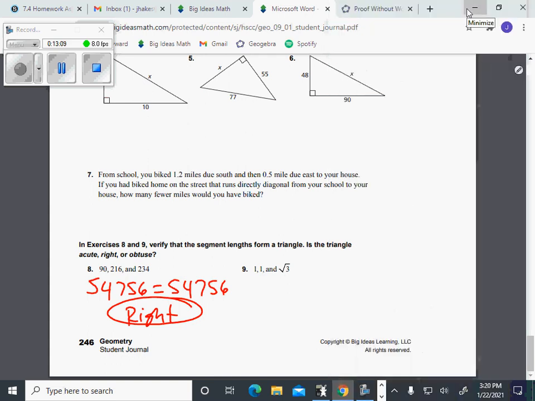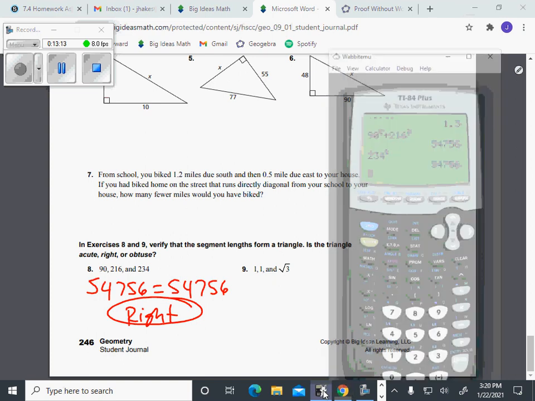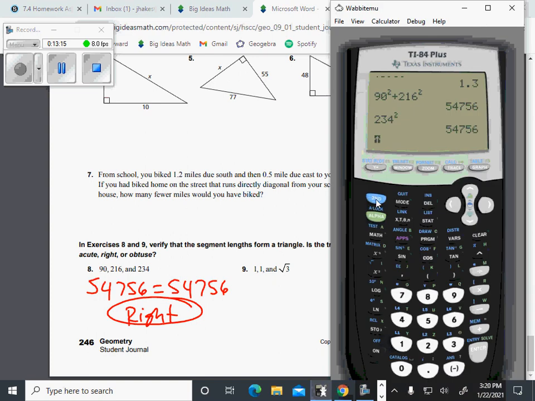Okay, number 9. We have 1, 1, and the square root of 3. What's the square root of 3? 1.7. So we know that 1 plus 1 is greater than the square root of 3. That's true, right? 2 is greater than 1.7.